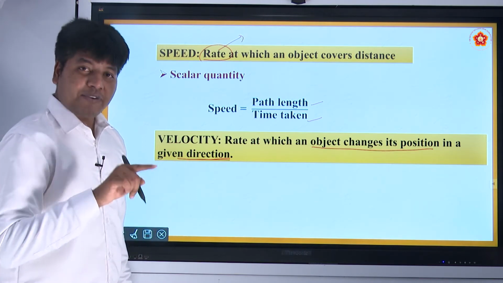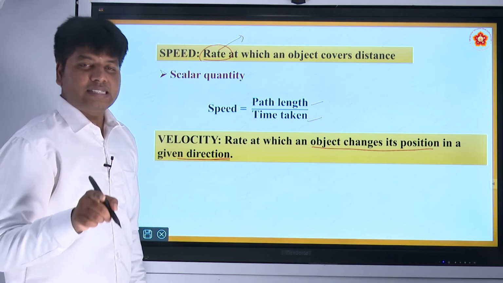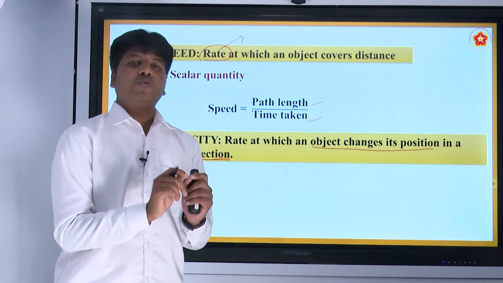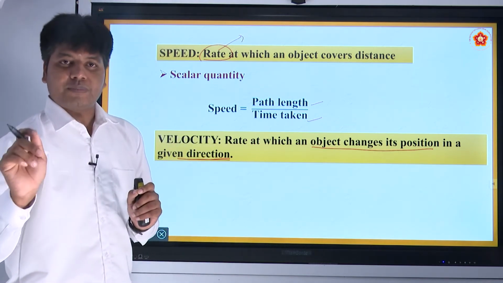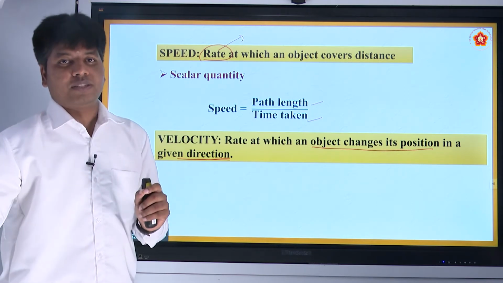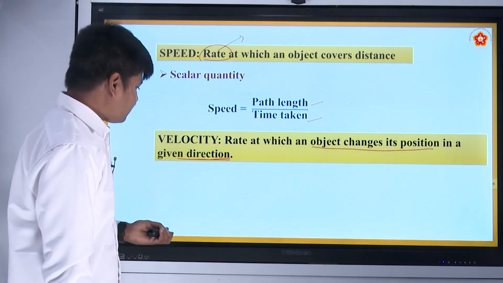So to have a velocity, the one who is running should make sure that he is moving in such a way that he is moving away from his initial position, right? That is displacement. And the rate at which he is moving away from his original position, that you call velocity. All right.